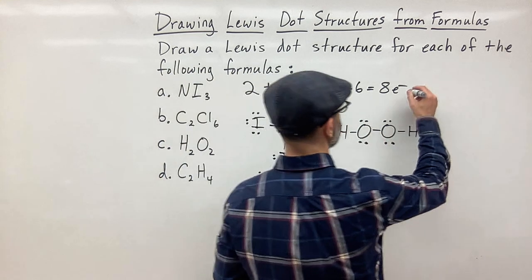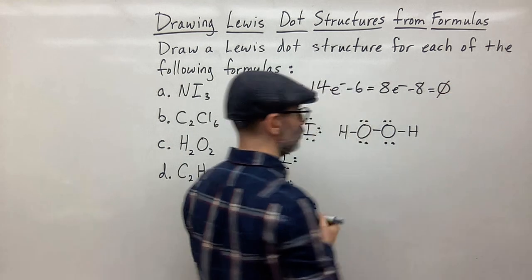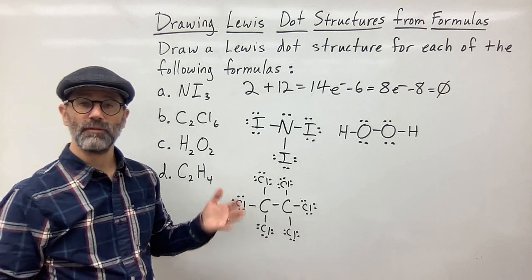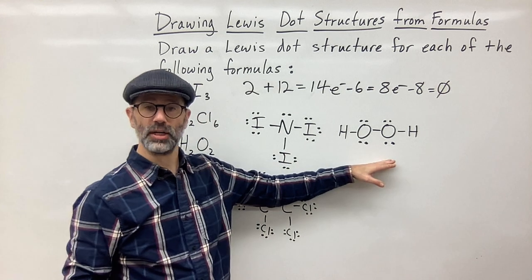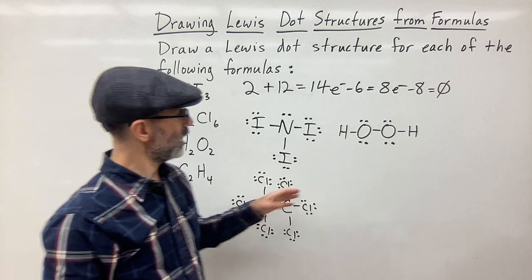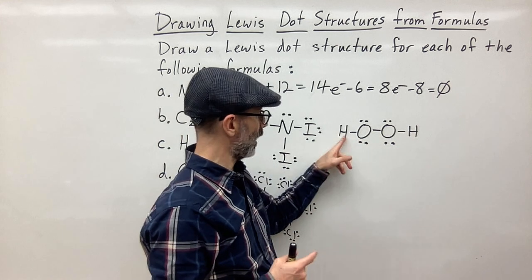So I'm going to remove 8, and I have 0 electrons left. So at this point, whenever you have 0 electrons left, you look at your Lewis dot structure, make sure everything's fine. And if it is, you're done. So here, hydrogen, as I said, is fine with only one bond, so that's fine.